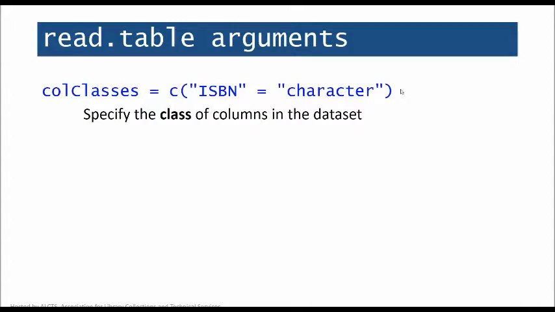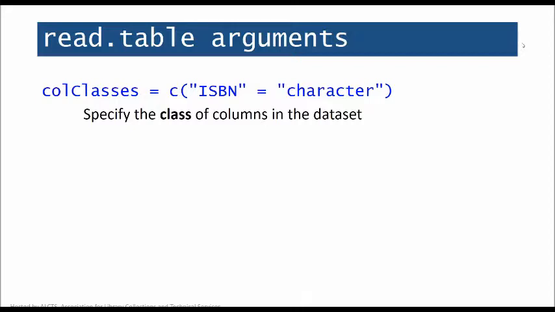The next argument to read.table is colClasses, or column classes. You may remember last time we talked about how different vectors take different types of classes. So there's logical, true, false, there's character, there's integer. If you don't set colClasses, then R will automatically try to figure out what the class of those data values is. And that can be problematic for a couple of reasons. In this case, take an ISBN.